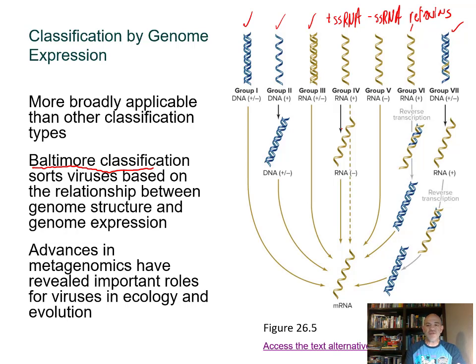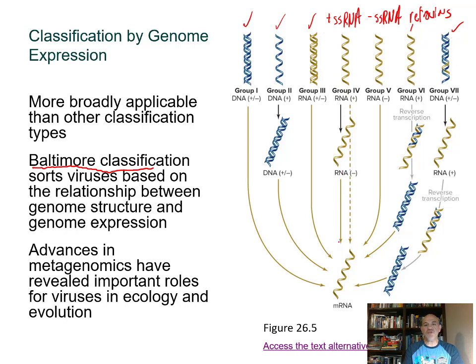So when you're a single-stranded RNA virus, you're going to have to build the other strand, the complementary strand. So the replication is similar to DNA replication in that you use one strand as a template to make the other one. And that's why they have the two arrows here for the group 4.